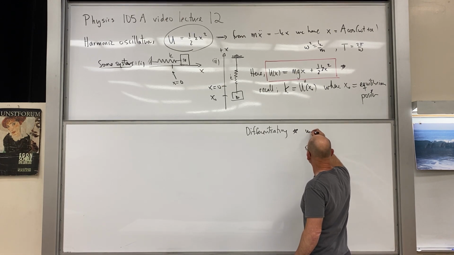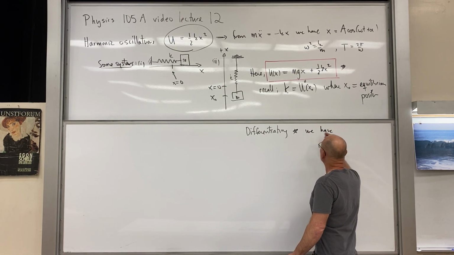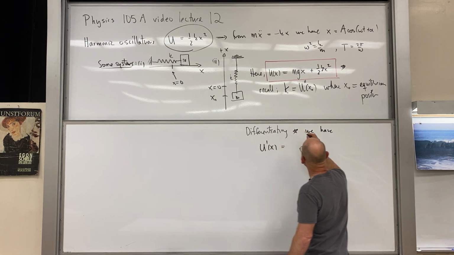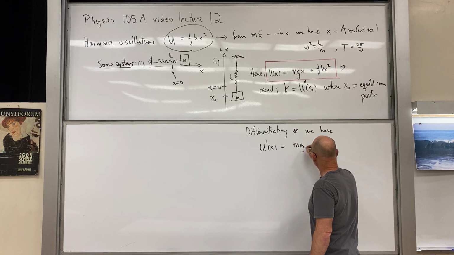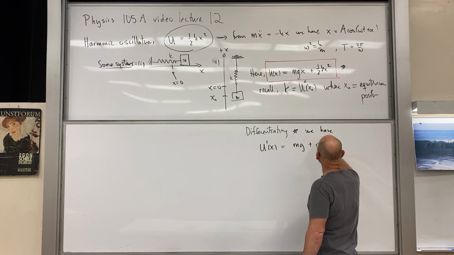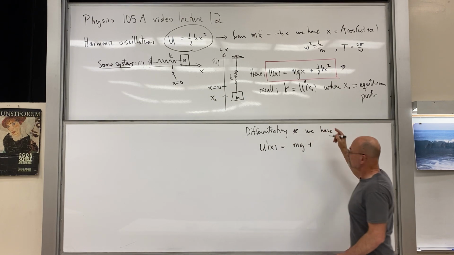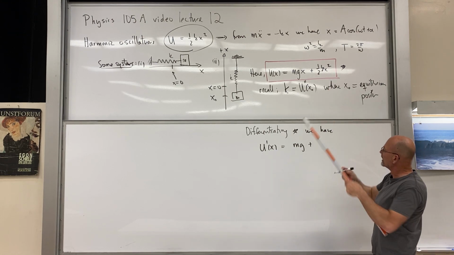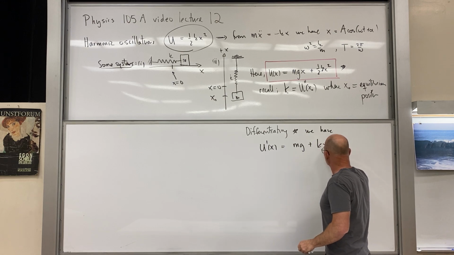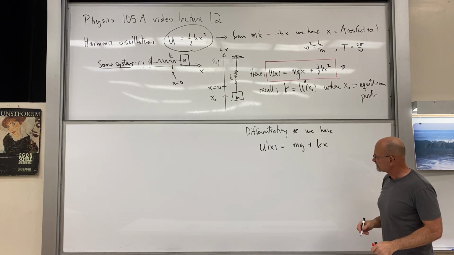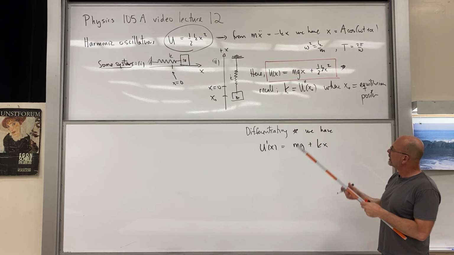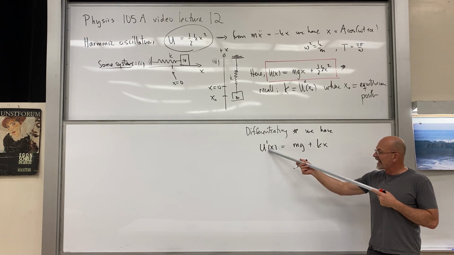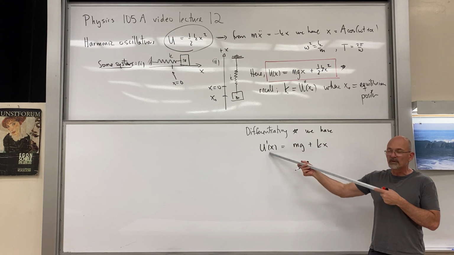We have U prime of x is equal to mg plus, differentiating x squared, we get 2, cancels the 1/2, so mg plus kx. Now, the equilibrium position is found when U prime is equal to 0.